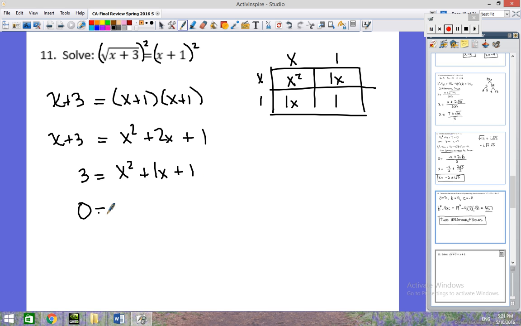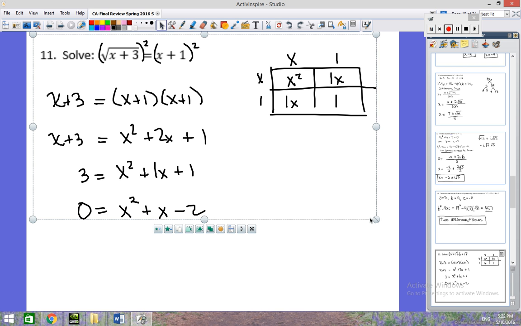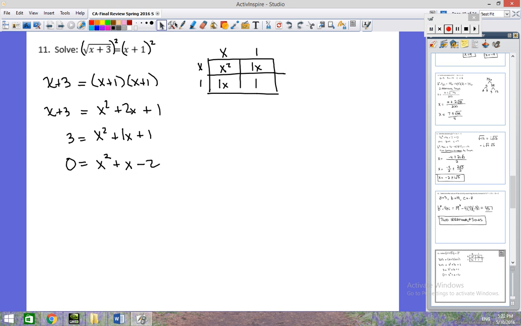When I take away 3 from both sides, 1 minus 3 is a negative 2. Now, again, if you don't see a way to factor that, you can solve this with the quadratic formula. But I believe that we can factor it. Our middle term is positive, so we're going to have one positive value and one negative value in our factors.